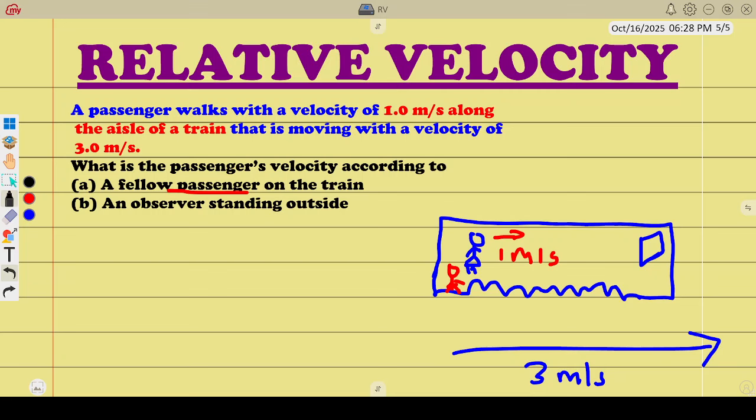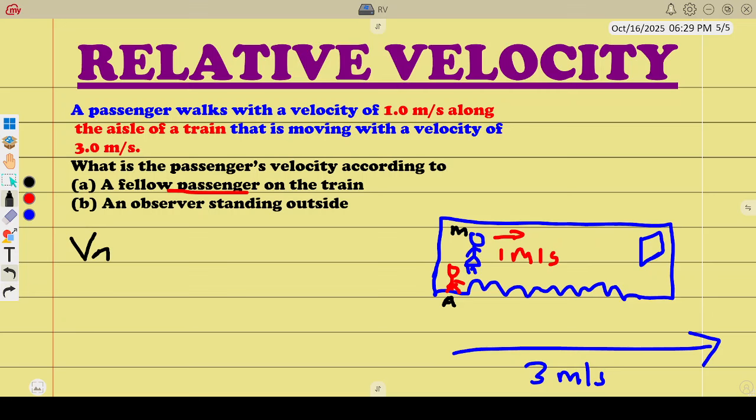So we have someone who is seated and then someone is walking. What is the velocity? We're going to say this one is A, and this one is Maureen, M. So what is the velocity of Maureen?